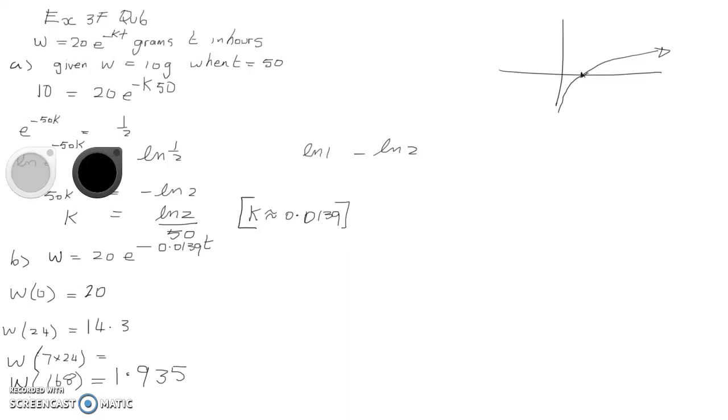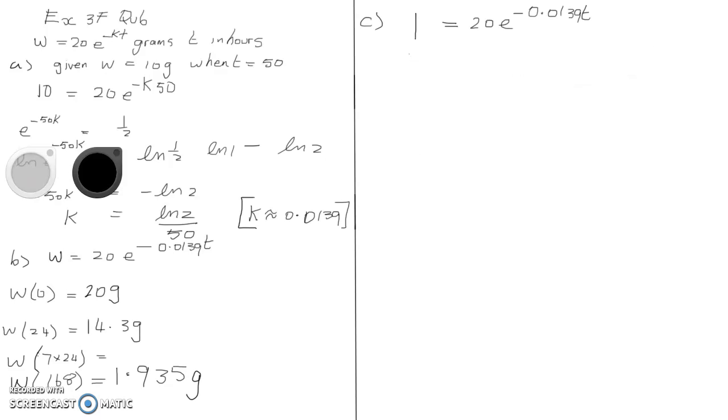And so in a similar manner we calculate that after 168 hours that the weight will be 1.935 grams. So I've just realised I haven't written the units on my answer, so I just go back, put grams on them all. Part C asks how long will it take for the weight to reduce to 1 gram.